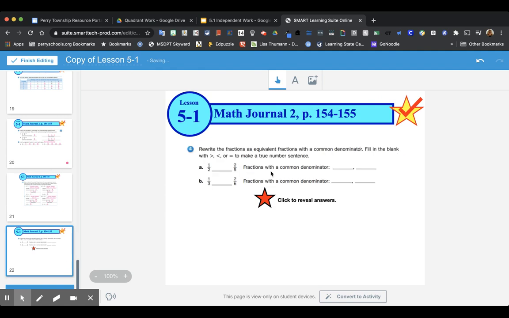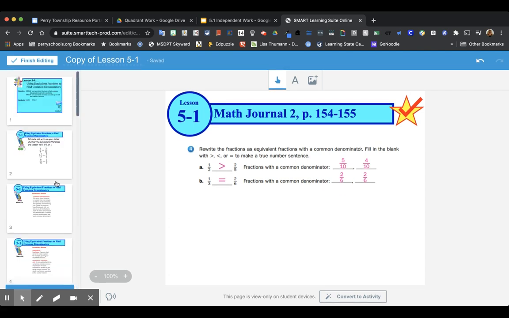And finally, rewriting those fractions, number 4, 1/2 is greater than 2/5. We know this because we actually compared 5/10 to 4/10. And then 1/3 is equal to 2/6 because 1/3 can become 2/6.